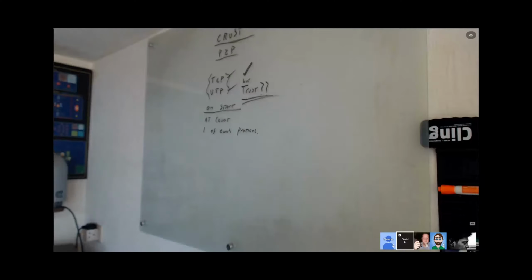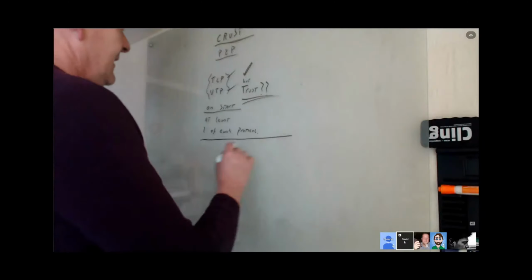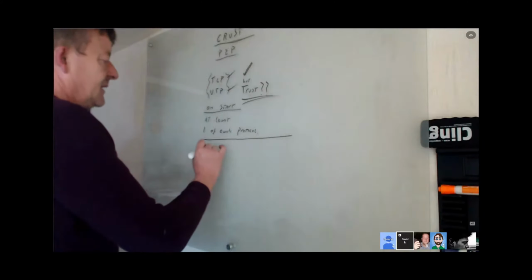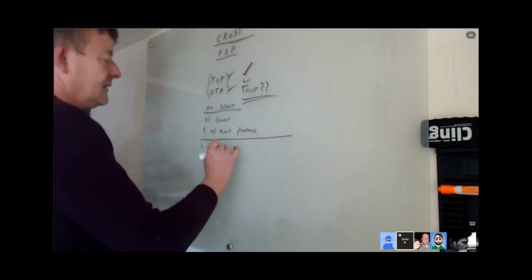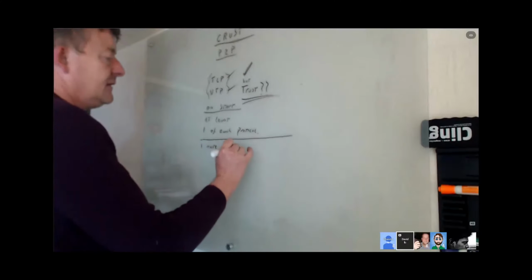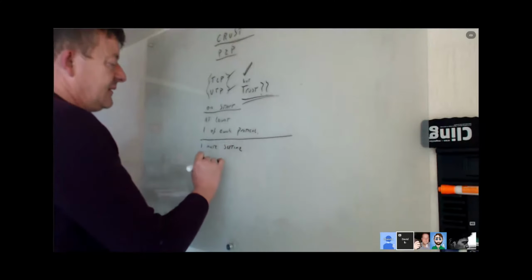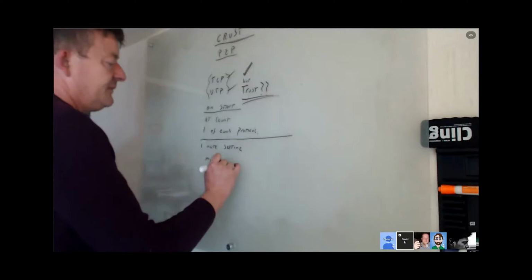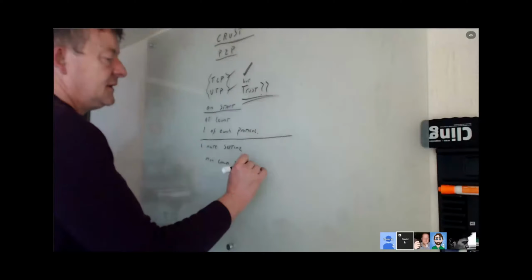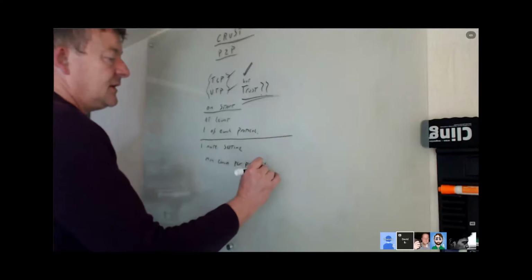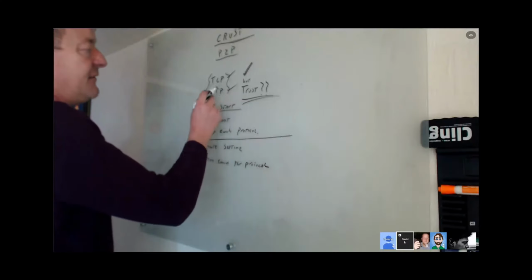So CRUST seems to require one more setting. And that would be the minimum connections per protocol. I can't see why you would want to connect to 5 of them and 10 of them.